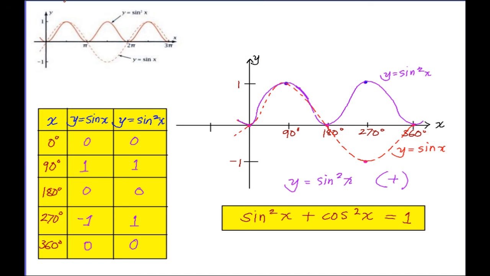So this leads us to a Pythagorean identity for sinusoidal functions: sine squared of x plus cosine squared of x is equal to 1. This is a Pythagorean property for both sine and cosine functions.